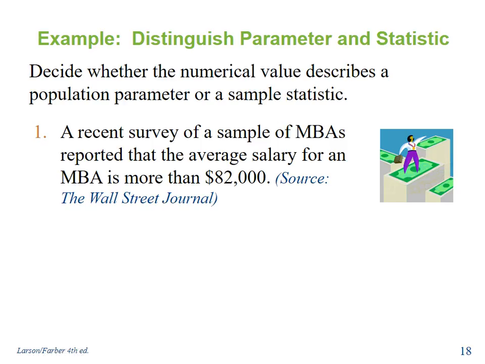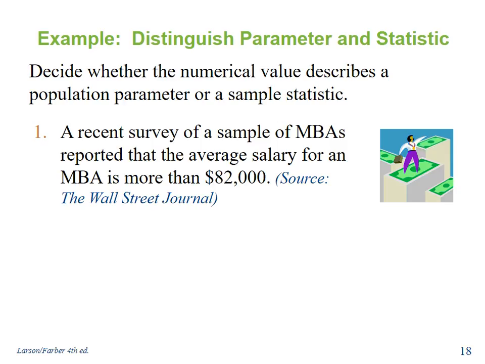Decide whether the numerical value describes a population parameter or a sample statistic. A recent survey of a sample of MBAs. Everybody know what an MBA is? That's what you're going to get in a few years, right? It reported that the average salary for an MBA is more than $82,000.